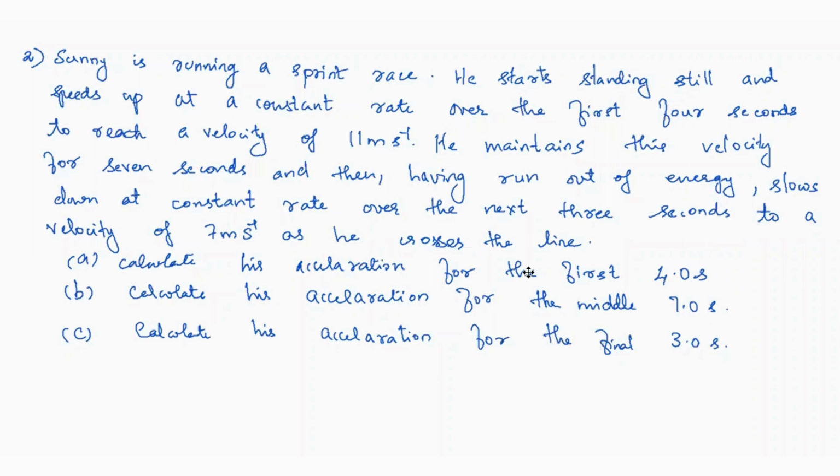So here Sunny is running a sprint race where he starts still, and he speeds up at a constant rate over the first 4 seconds and reaches a velocity of 11 meters per second. So in the first 4 seconds he goes from 0 to 11 meters per second.